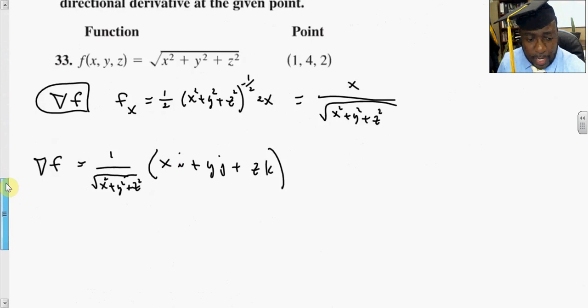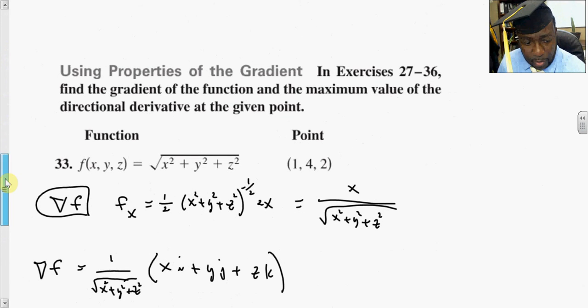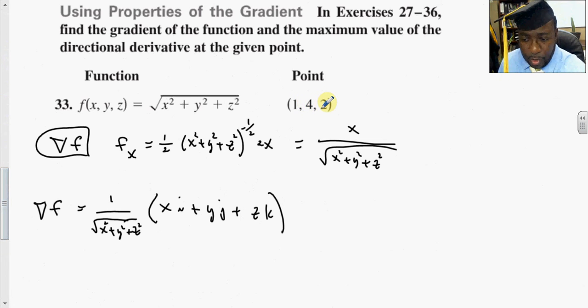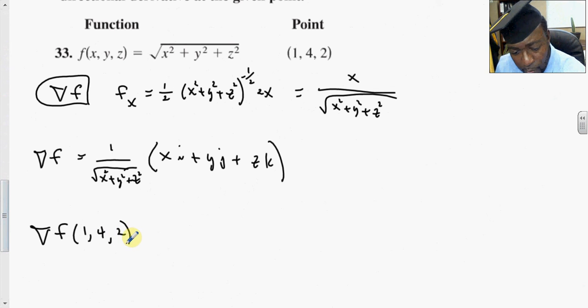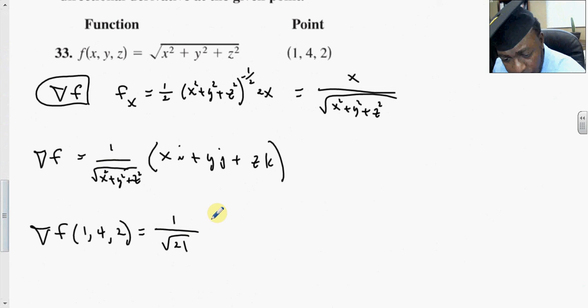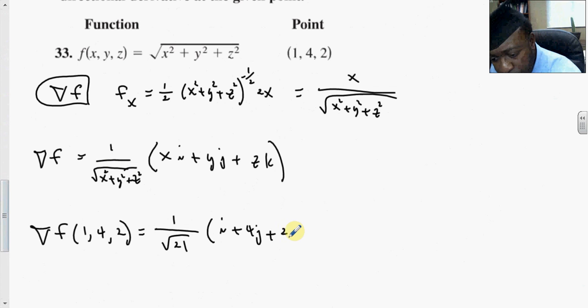Now you can plug that in. It says at the given point where x is 1, y is 4, and z is 2. So the gradient of f at the point 1, 4, 2 is 1 over the square root of 1 plus 16 plus 4, so that's the square root of 21, and then i plus 4j plus 2k.